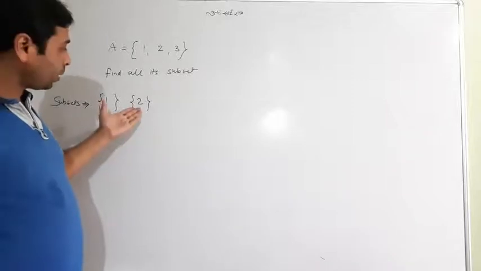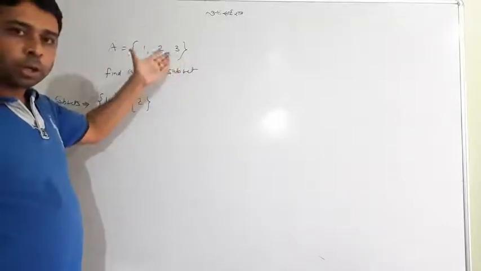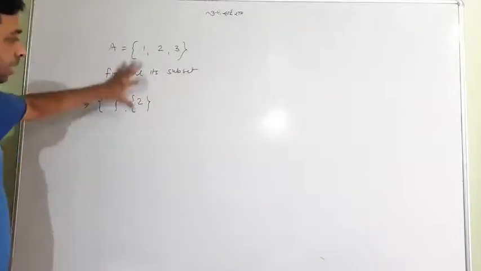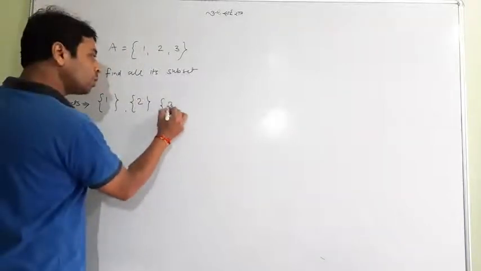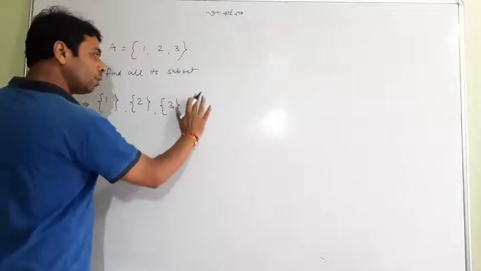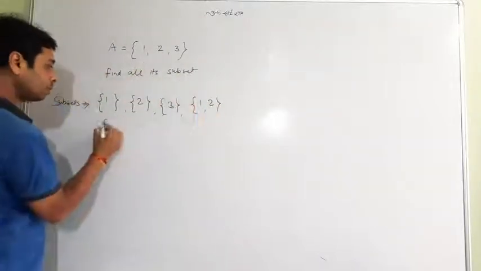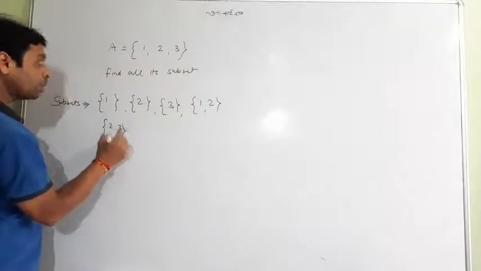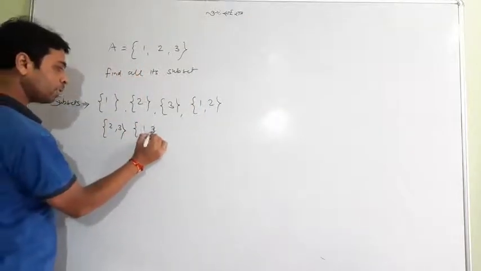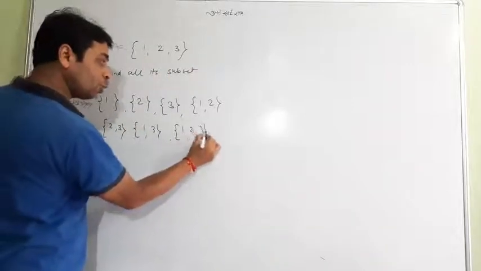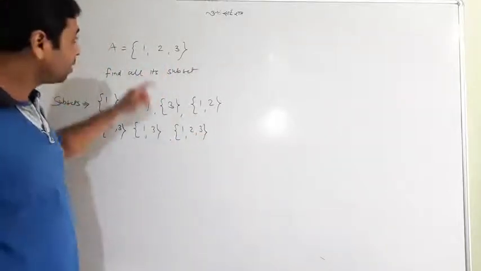Yes, because all elements of this set are also in A. Don't be afraid that I am not mentioning any name. This is a subset, yes. And any more? {3} is a subset, yes. {1, 2} is a subset, yes. {2, 3} is a subset, yes. {1, 3} is a subset, yes.